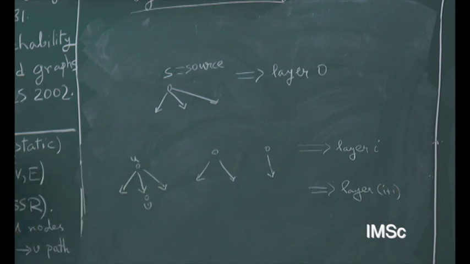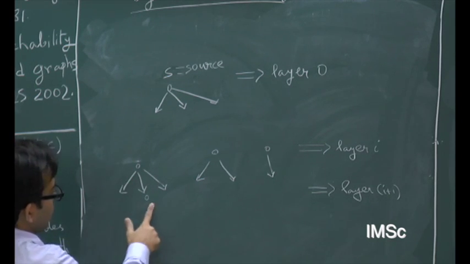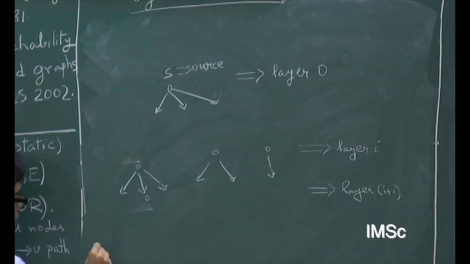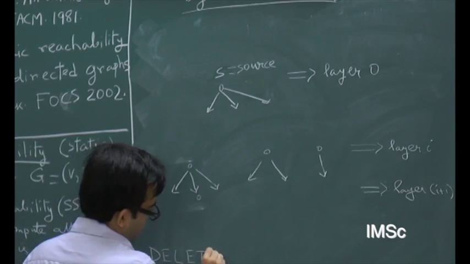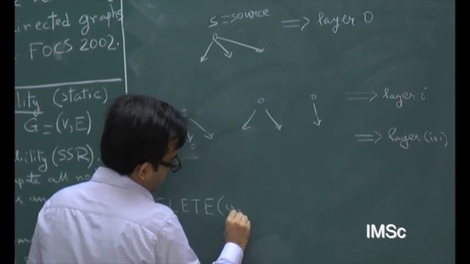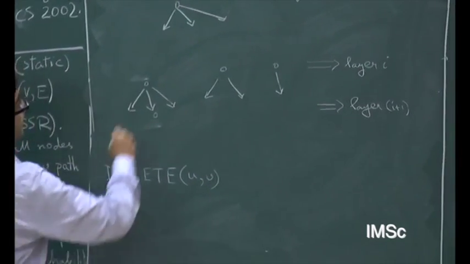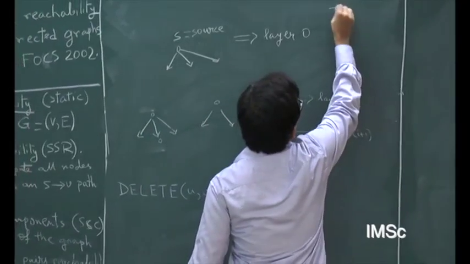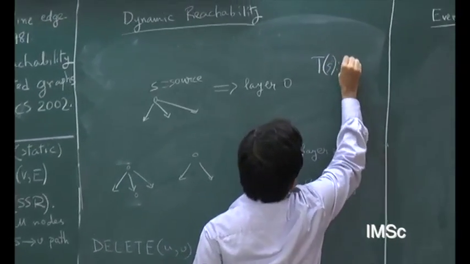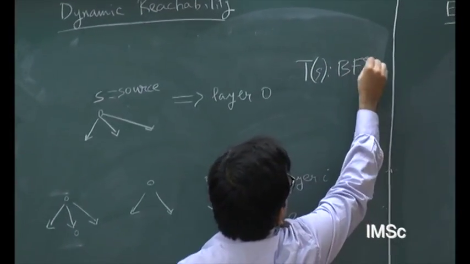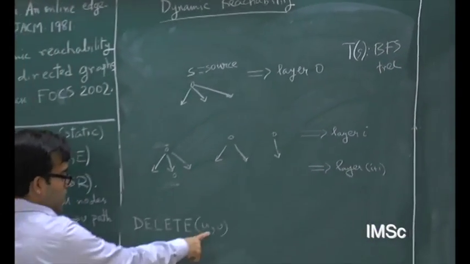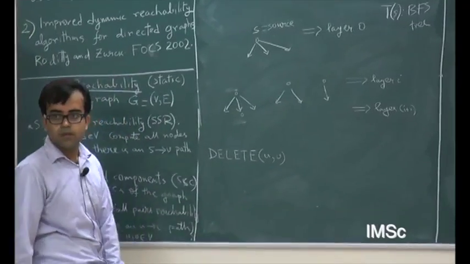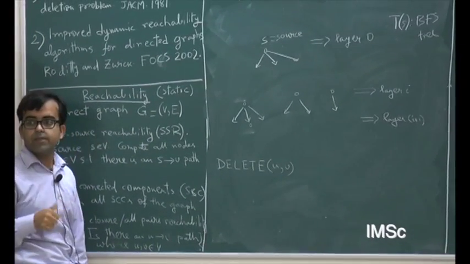Okay, first, what is the query? Let us just denote this tree by TS. This is this BFS tree. Okay, what is the query? Delete UV from the graph. To address this query, what is the easy case?